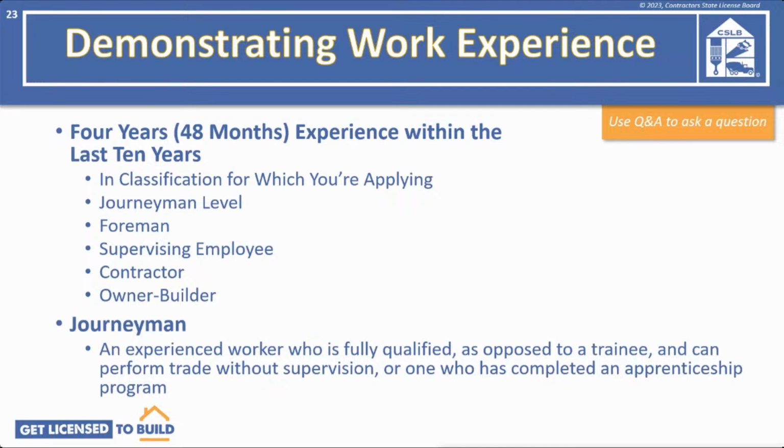The experience must be at no less than a journeyman level or as a foreman, supervising employee, contractor, or owner builder. A journeyman is defined as an experienced worker who is fully qualified as opposed to a trainee and can perform trades without supervision, or one who has completed an apprenticeship program.